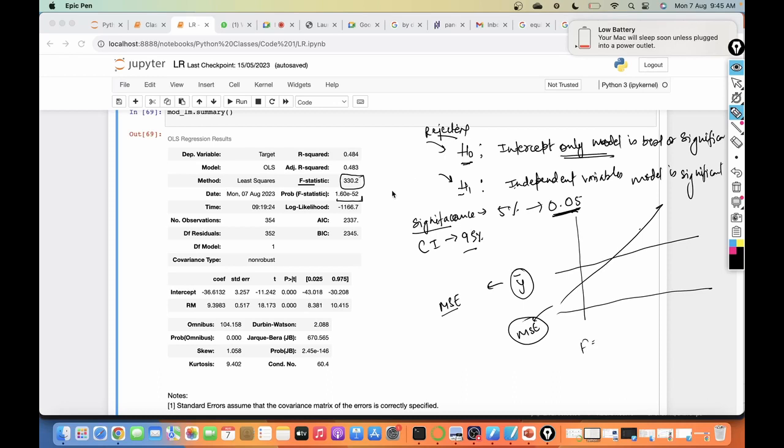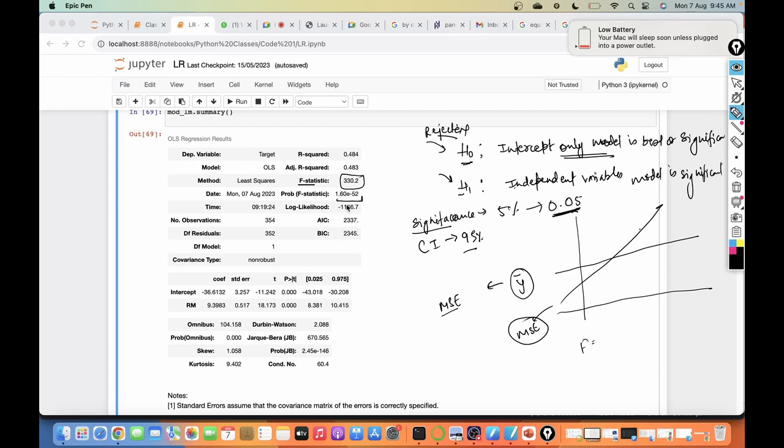It means the variables are significant, and the model that we have created on the independent variables has contributing independent variables, and it is providing better mean square error.